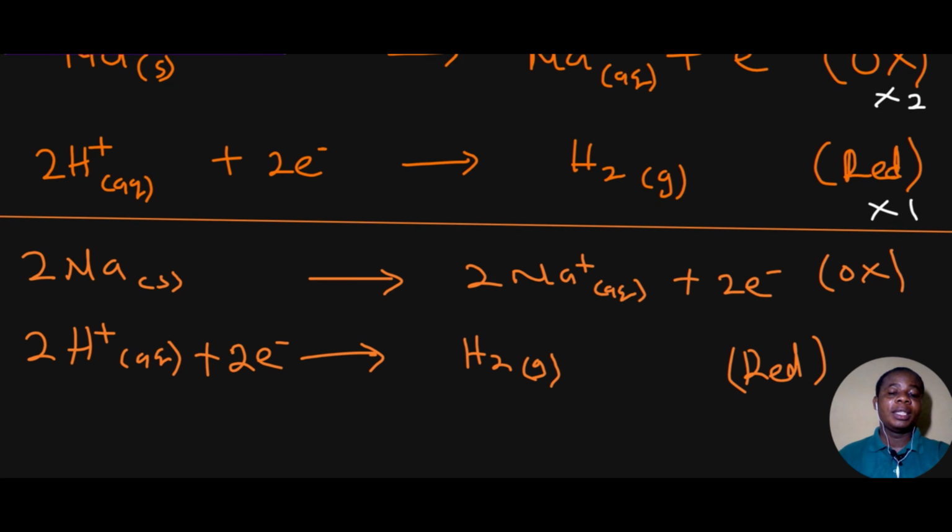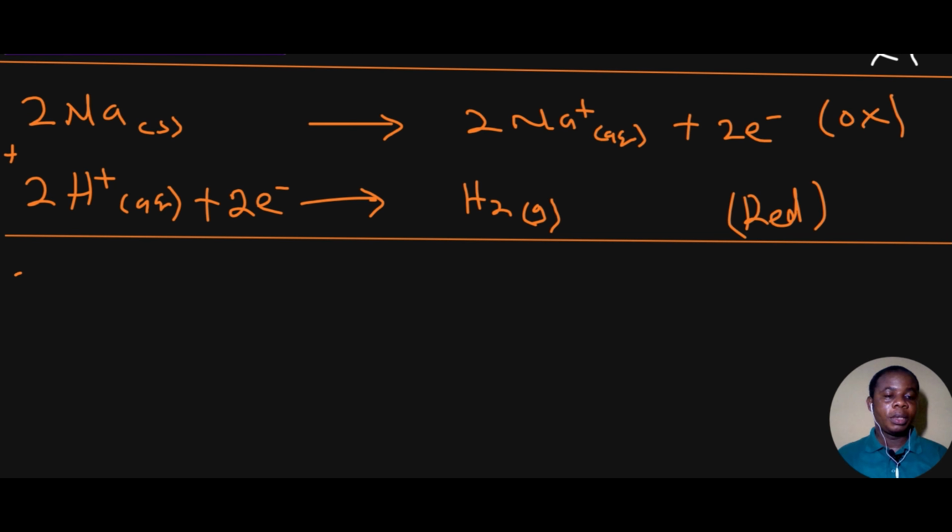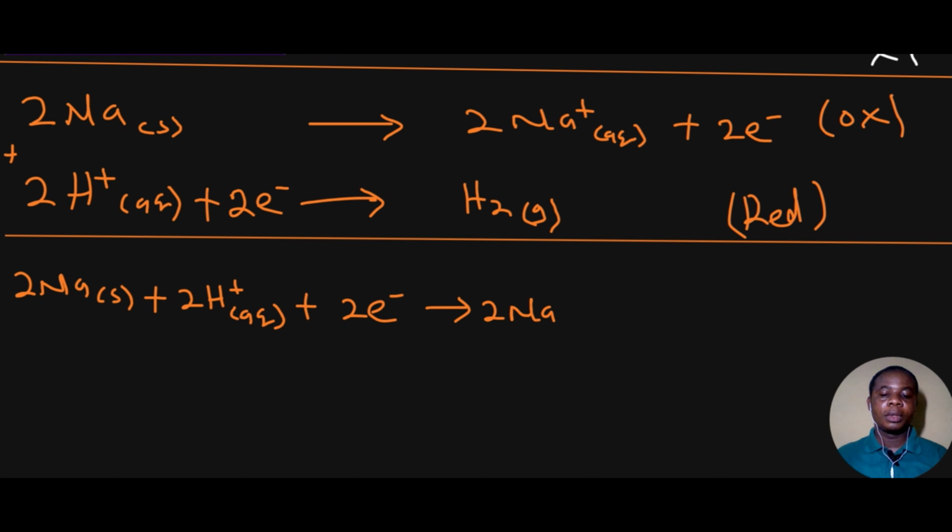Then the next is to combine the two equations to be 2Na solid plus 2 hydrogen ion aqueous plus 2 electrons, then 2 sodium ion aqueous plus hydrogen gas, then 2 electrons. And after that, the electrons must cancel out.